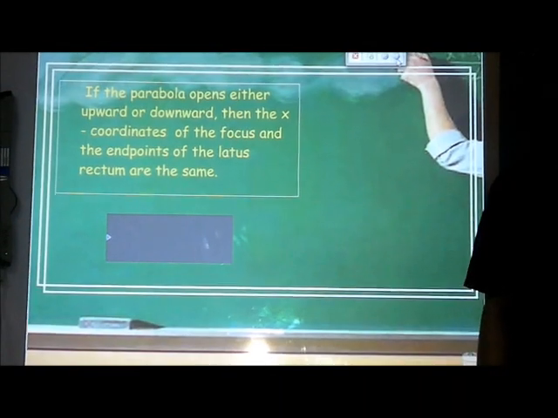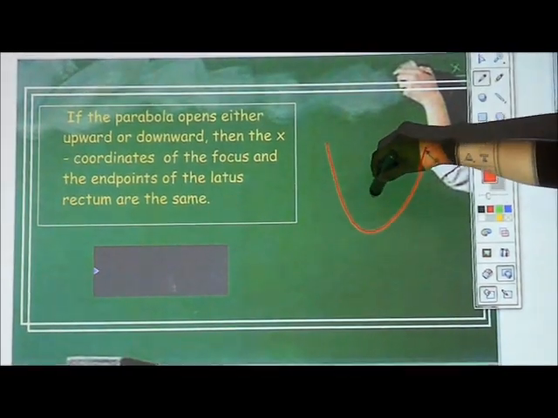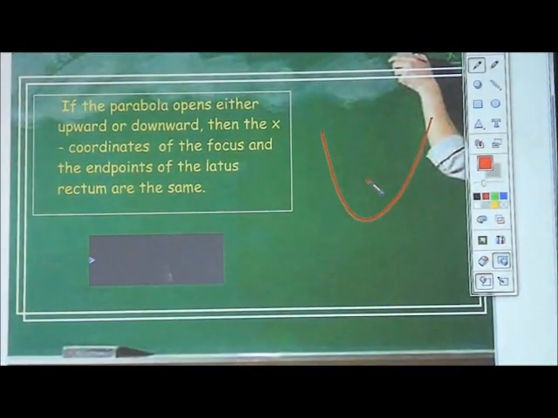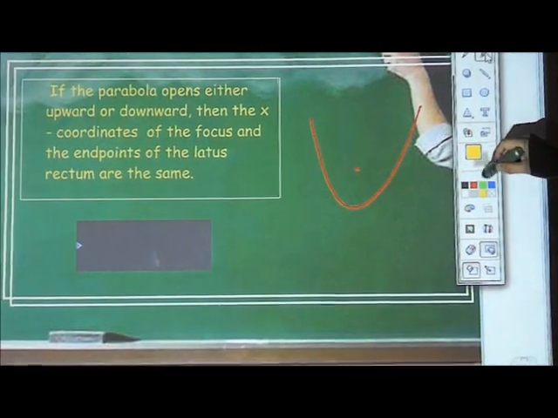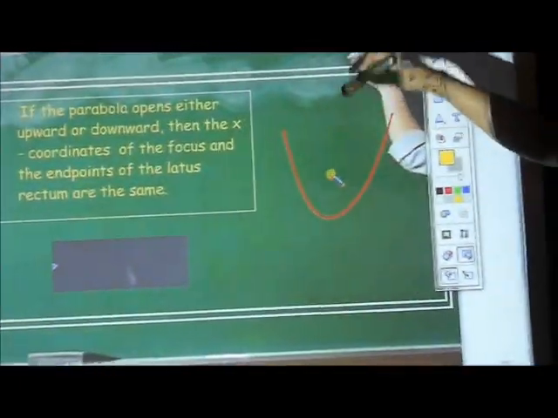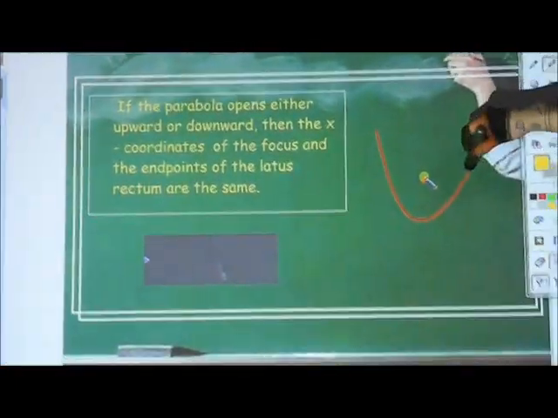Number 3. If the parabola opens either upward or downward, then the x-coordinates of the focus and the endpoints of the latus rectum are equal. Where's the focus? Somewhere inside the parabola. Where are the endpoints of the latus rectum?